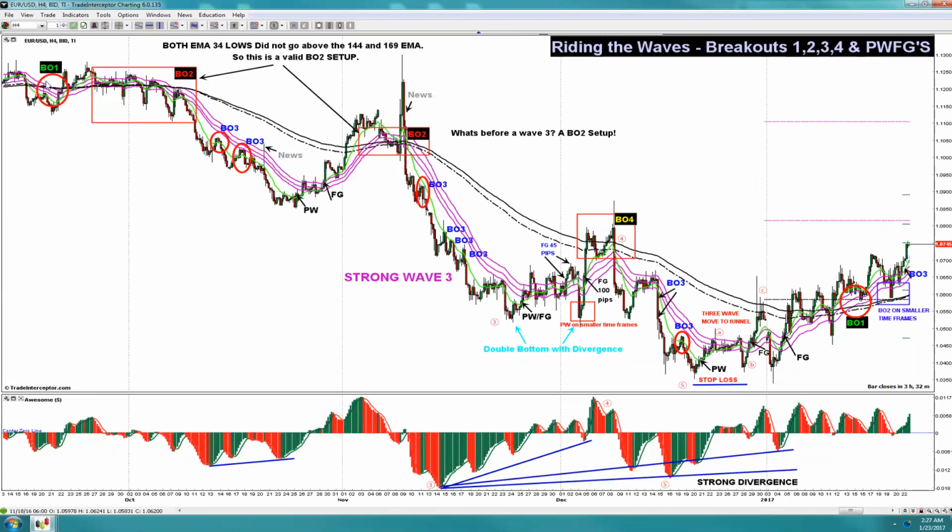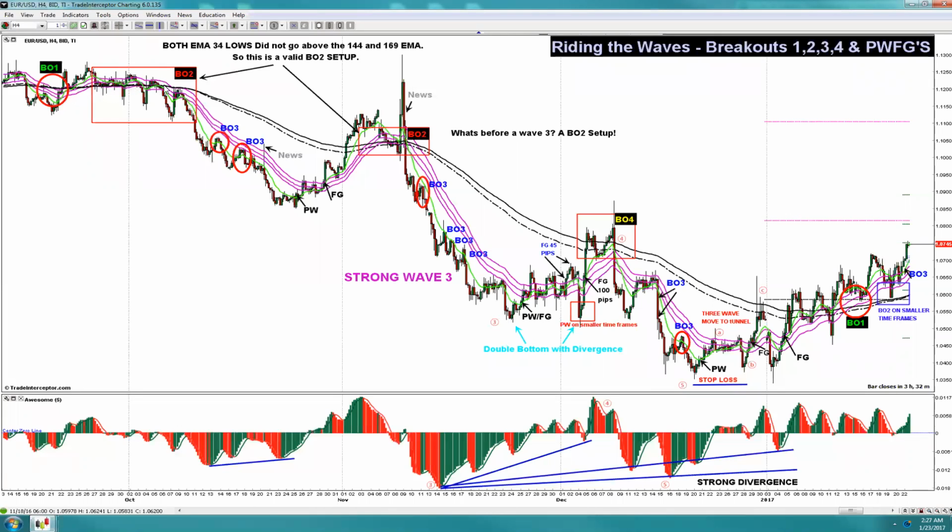We start in the upper left. This is the Euro 4-hour. So initially, the wave crosses over the tunnel. We call that the breakout 1. But then the wave comes back into the tunnel, and so price is correcting. That's our wave 2 correction.